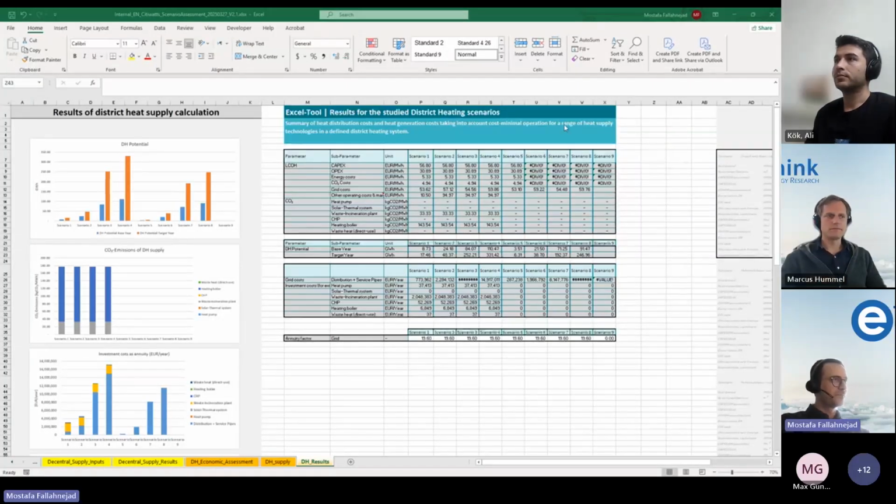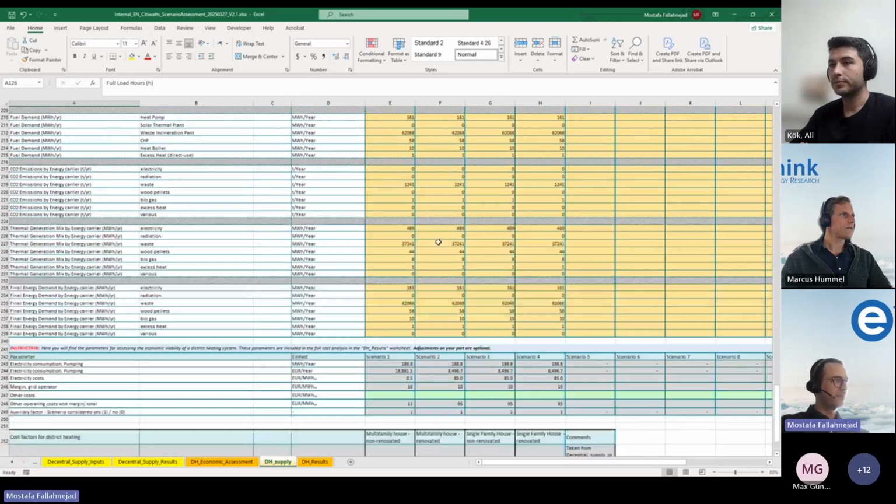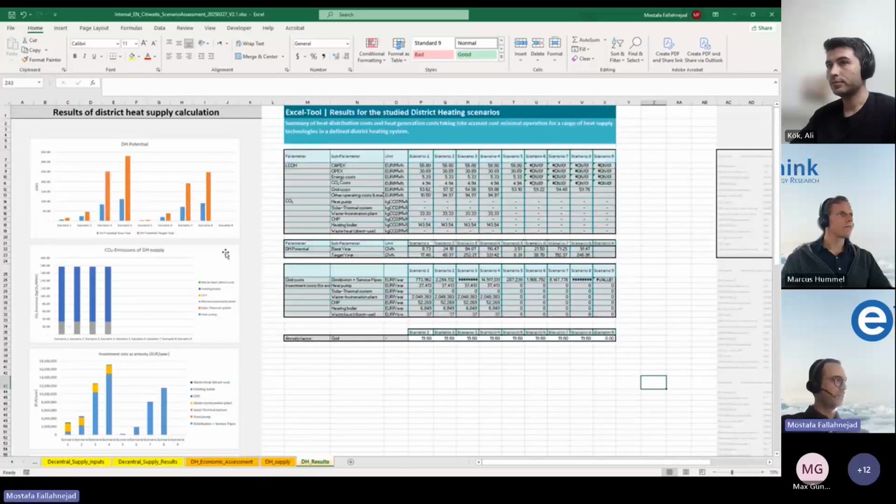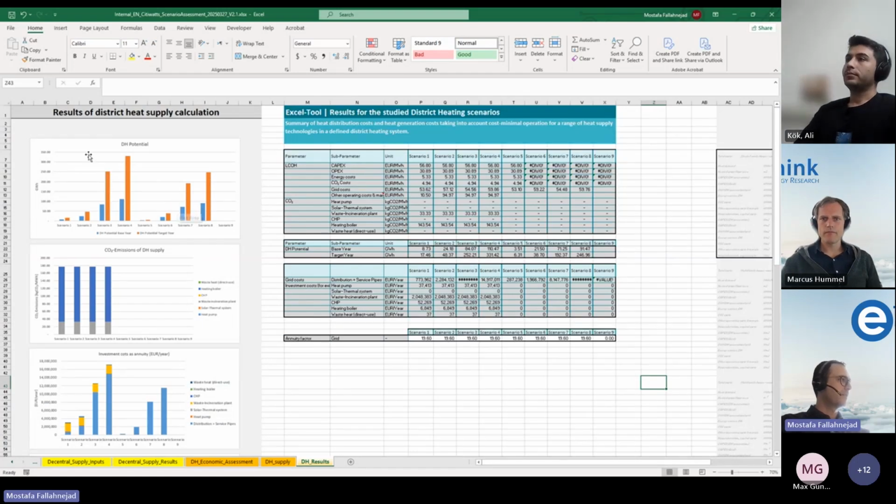Sure. Of course, I will go quickly because we don't have much time. Once you provide the set of scenarios or data in both economic assessment and district heating supply, the charts will get updated and you can see what's going on. We have created here different indicators starting from district heating potential in the base year and also in the target year for different scenarios.